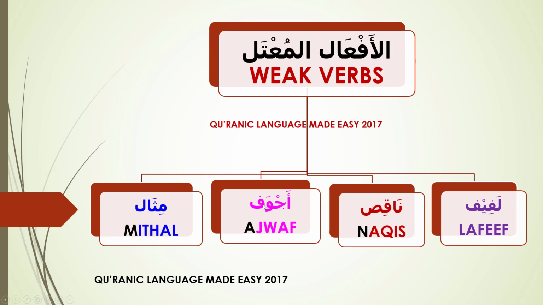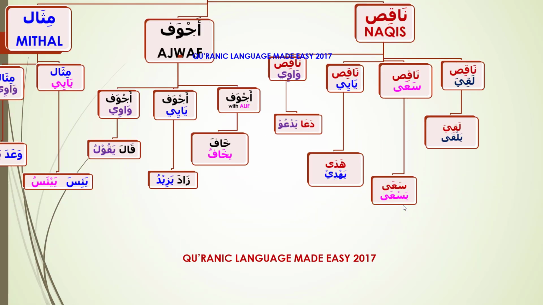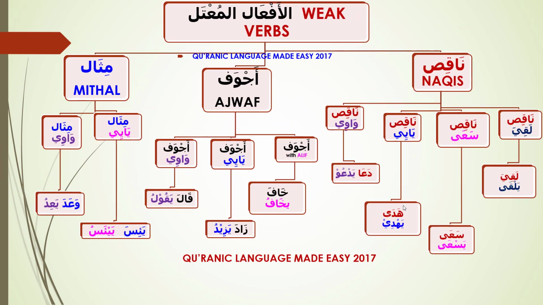Ajwaf is where the weak letter occurs in the ain radical, the second radical. And naqis is a weak verb in which the weak letter occurs in the lam radical, the third radical. That's the reason mithal, ajwaf and naqis are placed in this order. Let's learn the weak verbs in detail.